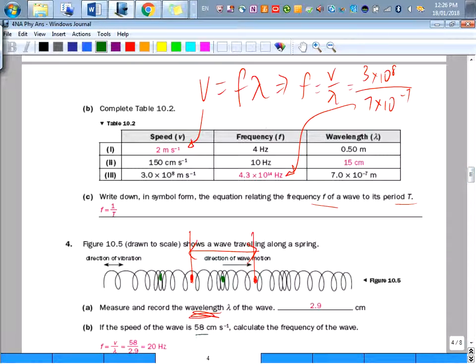Now if the speed is 58 centimeters, not in SI units, per second, calculate the frequency. So 58 centimeters per second, this will be 0.58 meters per second. What is the formula that we should use to calculate the frequency? Wei Hao, what do you think? What's the formula that we'll use? What is it?